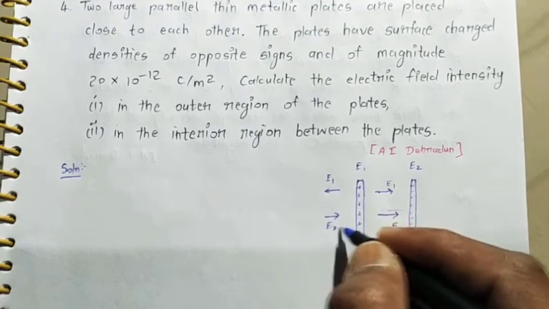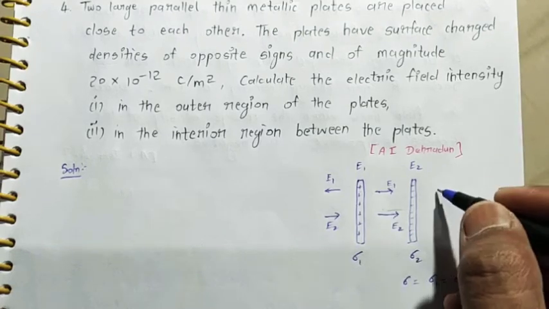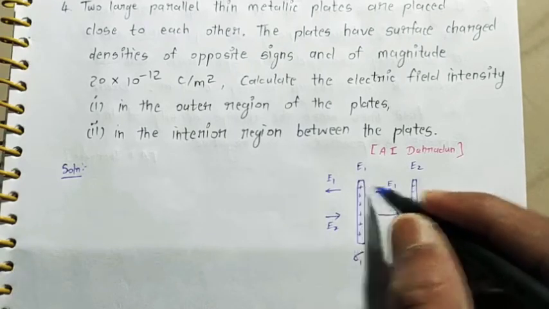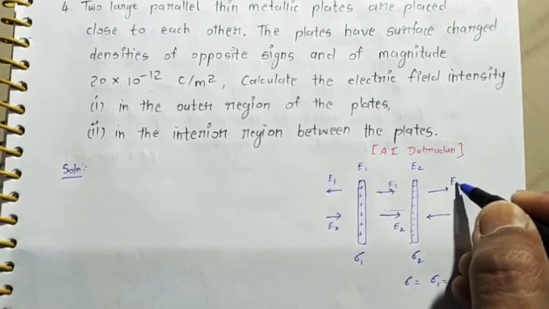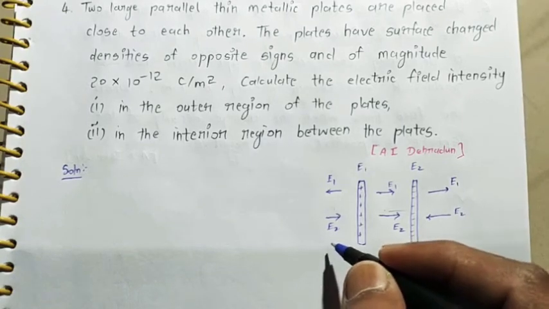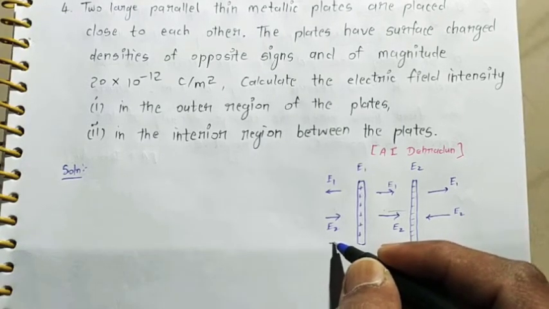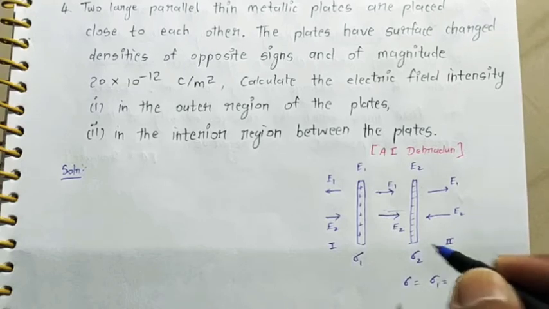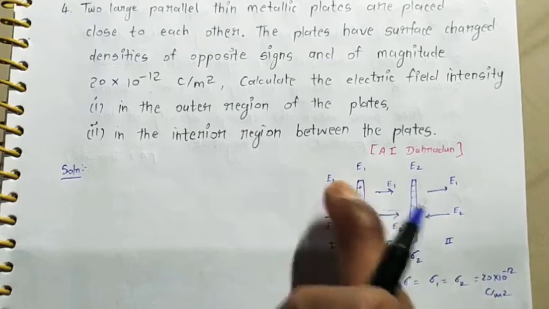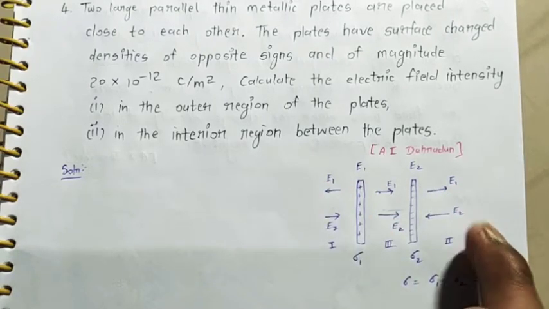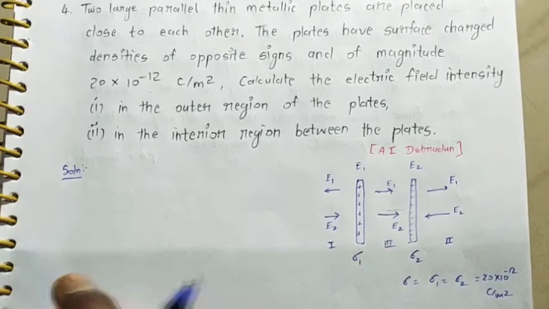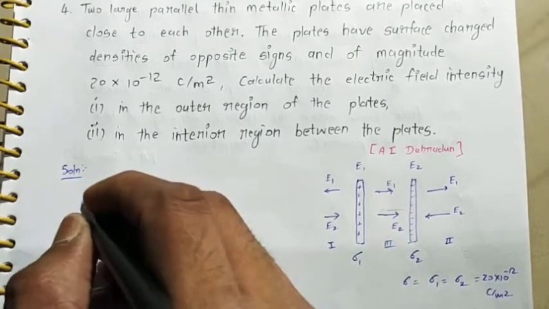Let us name them region 1, region 2 and region 3. In region 1 and region 2, E1 and E2 are in opposite directions, and in region 3, E1 and E2 are in the same direction. So we will do it according to region.